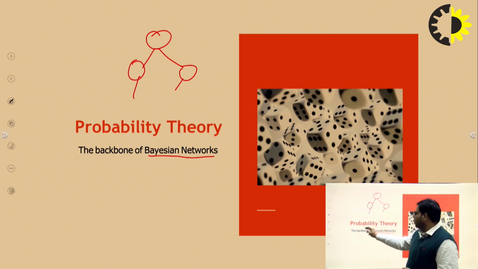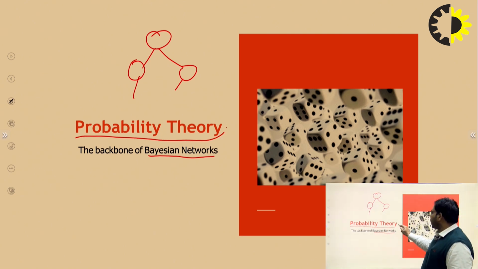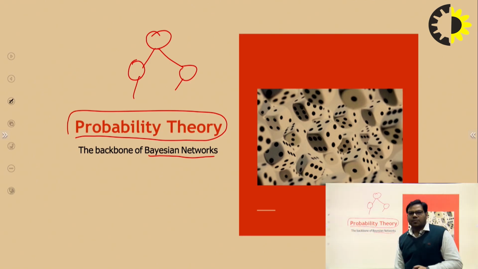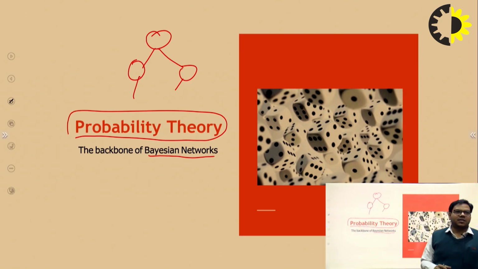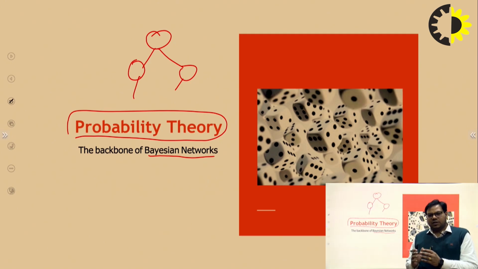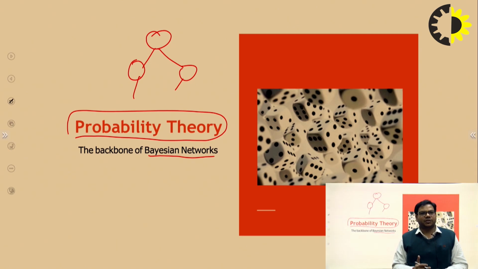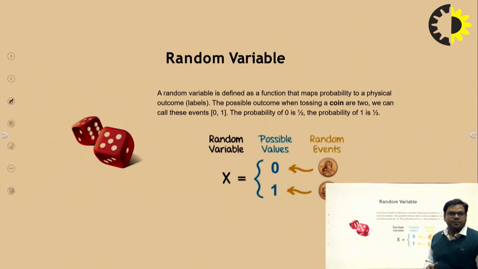The backbone is probability. As I said earlier, Bayesian modeling is a probabilistic model where we calculate probabilities. We need to figure out the probabilities of events happening, and on the basis of the previous training data we predict the probability of this happening.